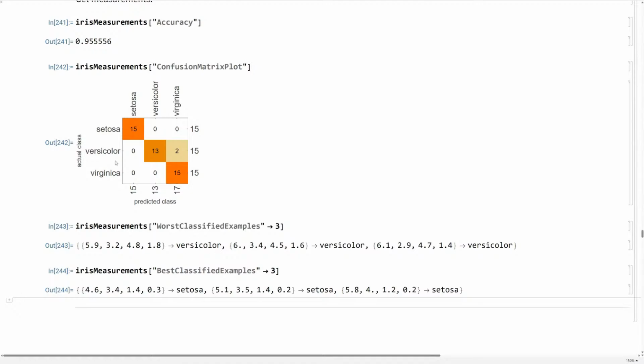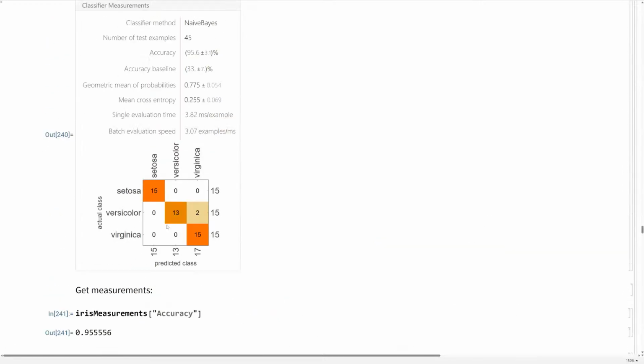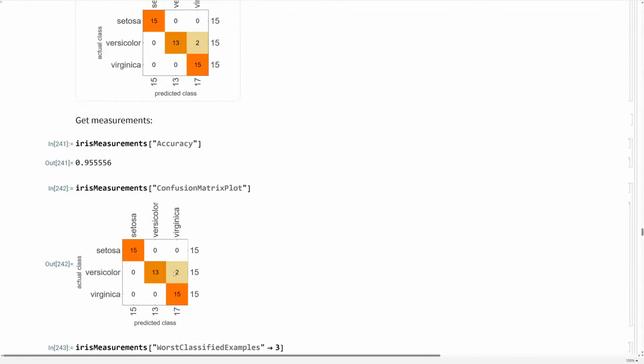And then we can see it's all these versicolor ones that got predicted wrong as virginica, or it's like it's not so sure that they are versicolors. And the best classified examples are these setosa examples.